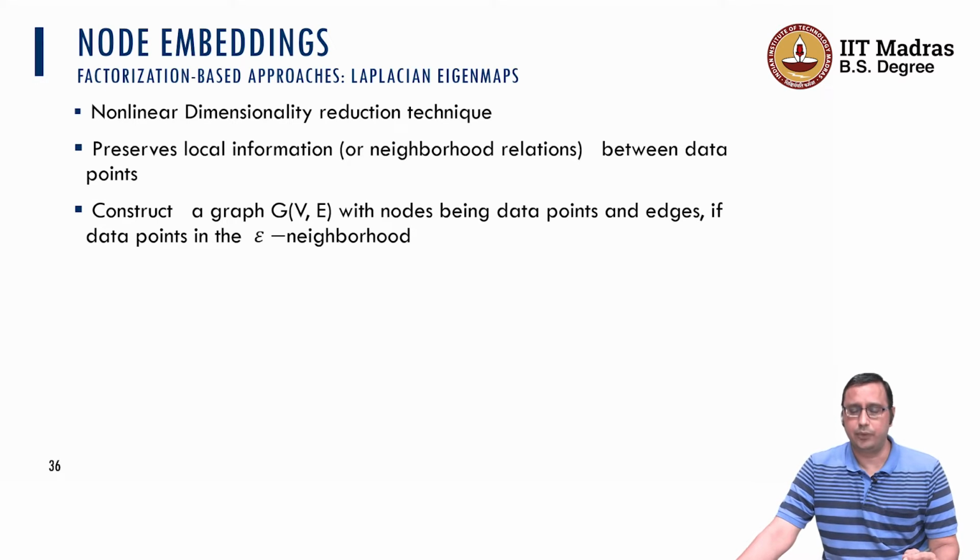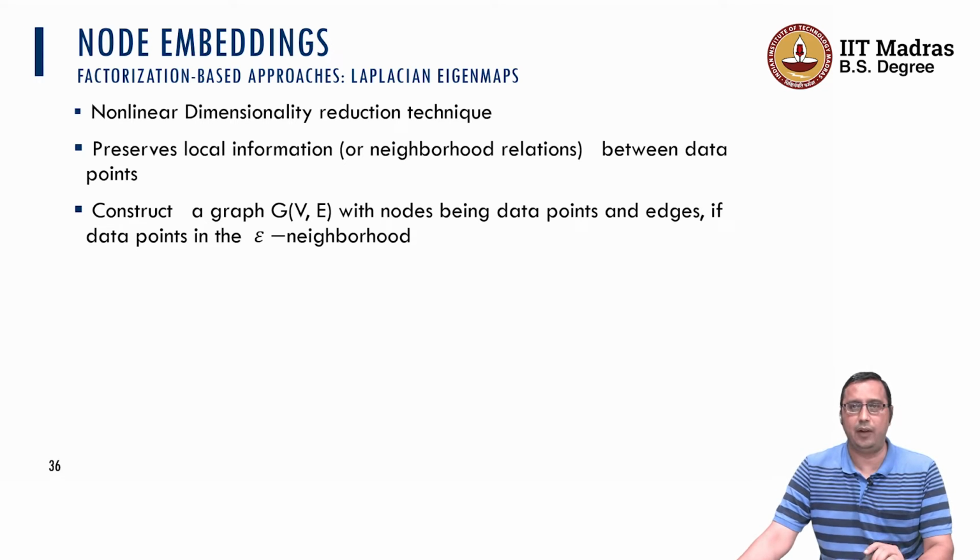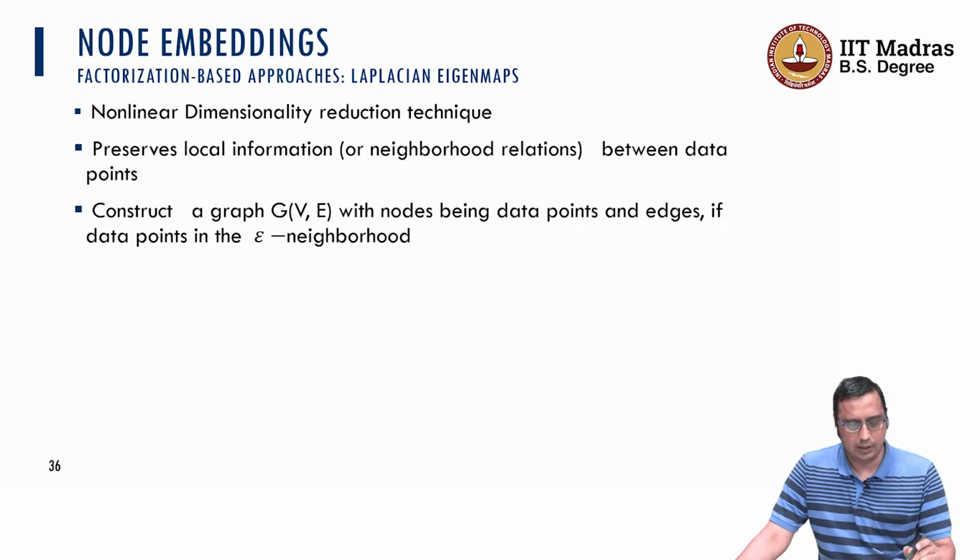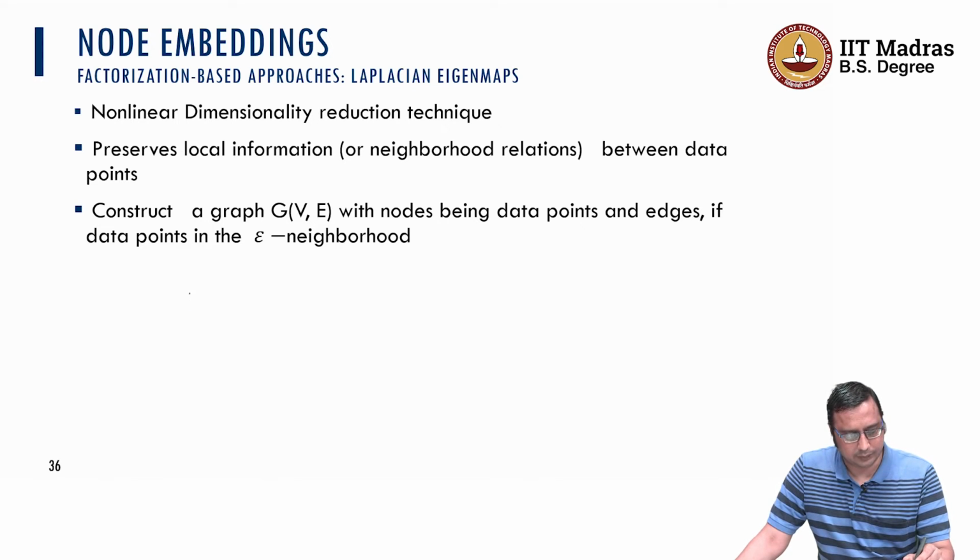How does it actually achieve this? How do you construct the Laplacian from the data? We are going to construct a graph G(V) with nodes being the data points. Let's say these are the data points. Each of these data points is my node, so I will draw a circle around each of them.